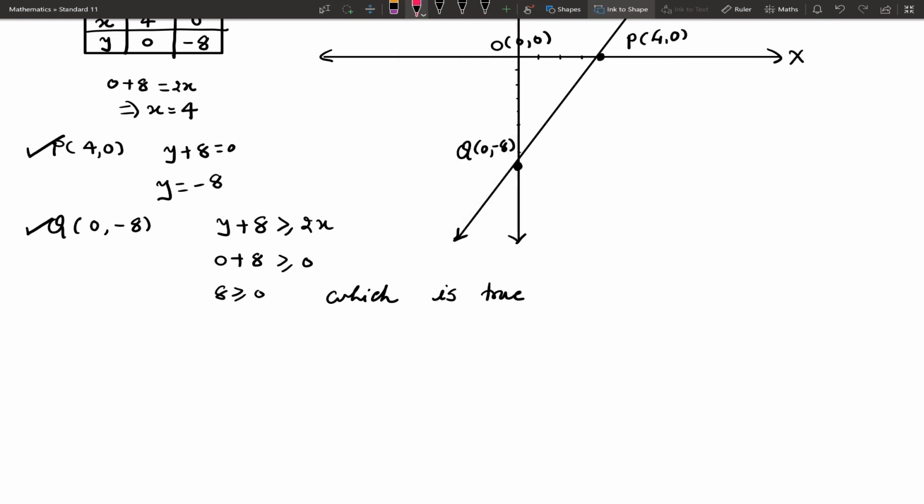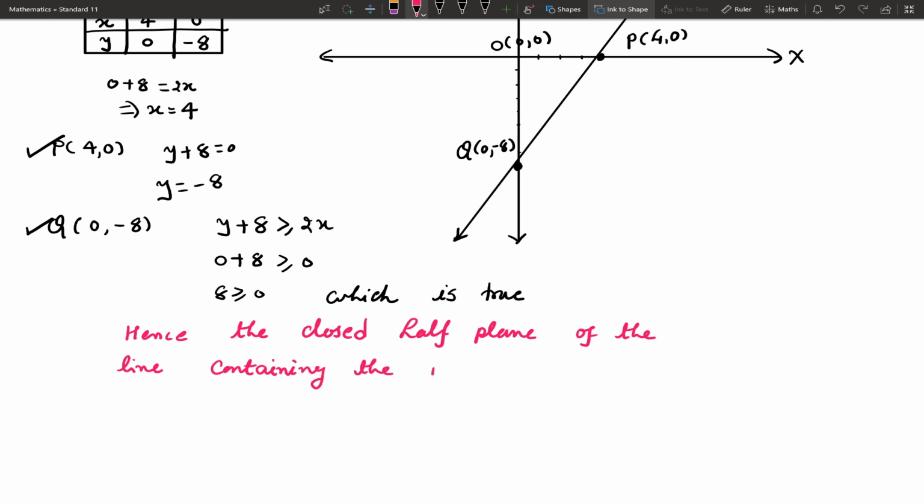Hence the closed half plane of the line containing the point 0 comma 0 is the solution set.